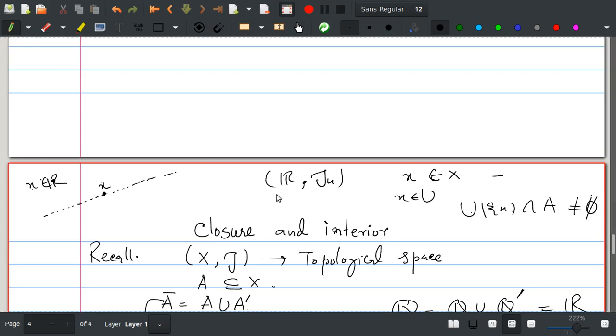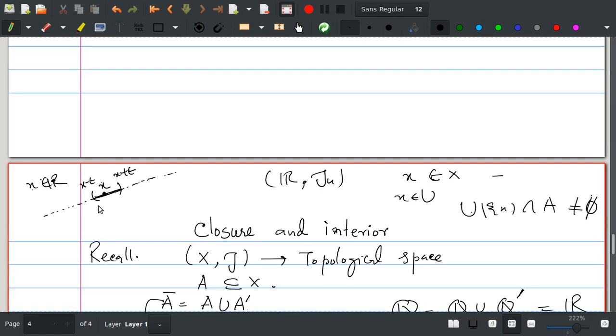So in place of U, we are picking an open interval, say x minus epsilon and x plus epsilon. It contains both rational as well as irrational numbers.